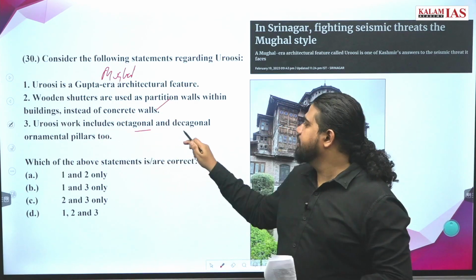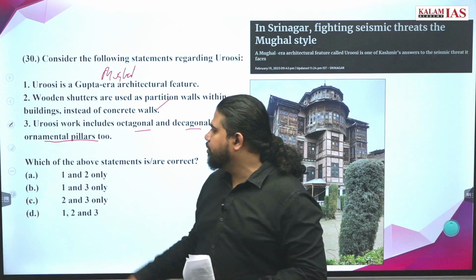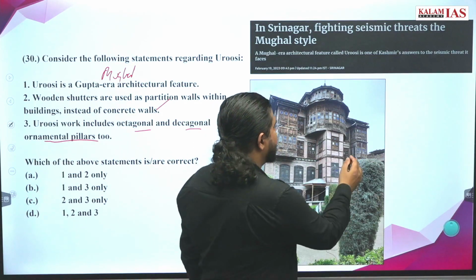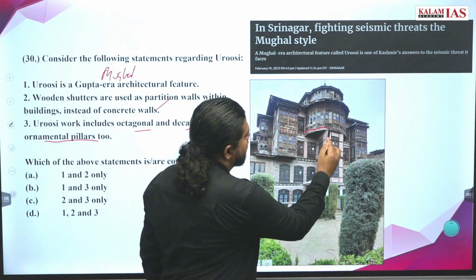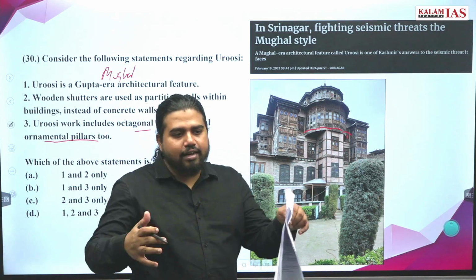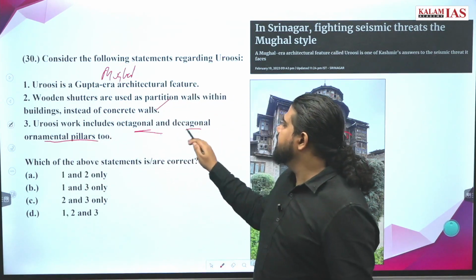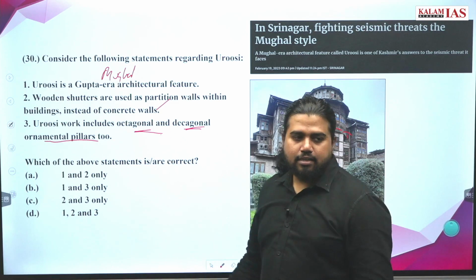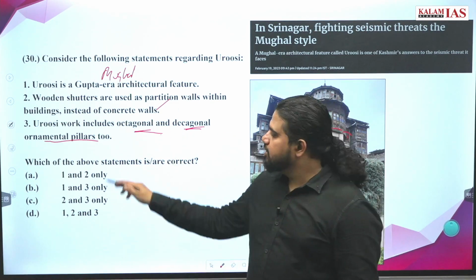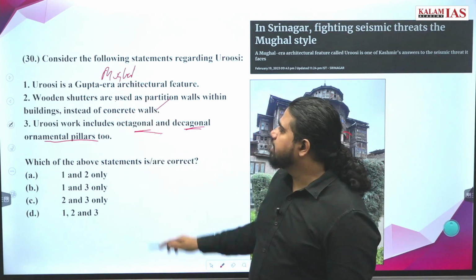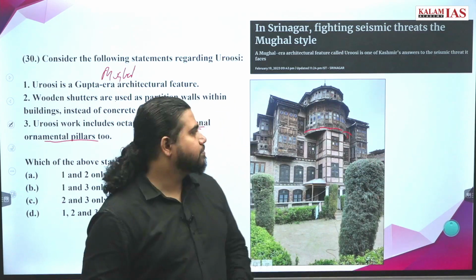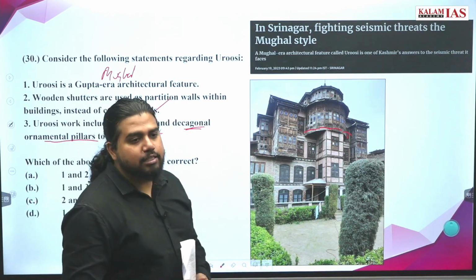Urusi works include octagonal and decagonal ornamental pillars also. Here also you can see the different structures, like the pillars are designed in octagonal and decagonal structures to give stability to the structure. So statements 2 and 3 are correct. The first statement is incorrect. This is a structure from Srinagar, Jammu and Kashmir.